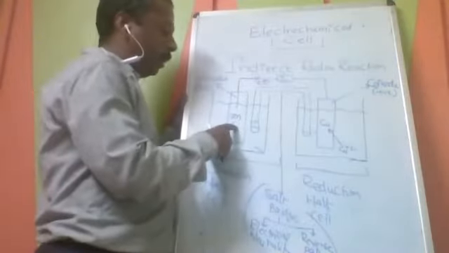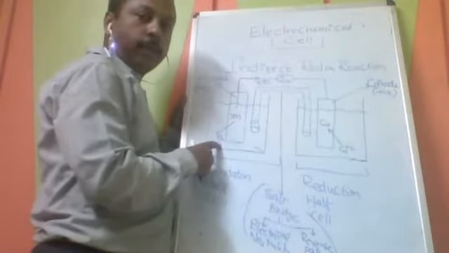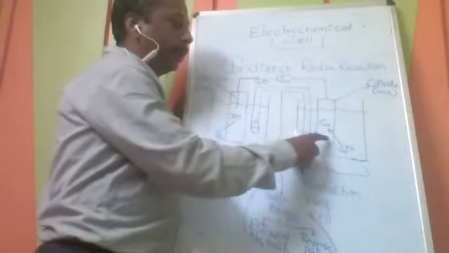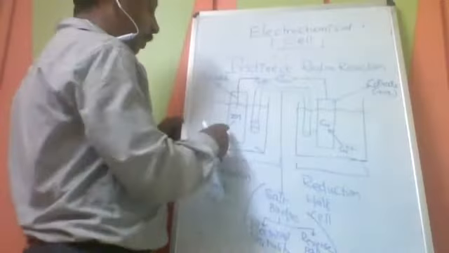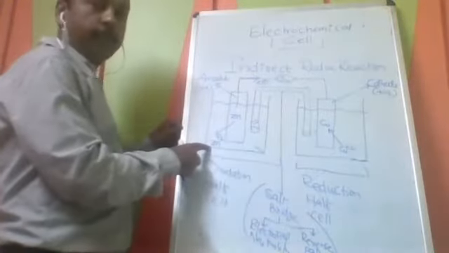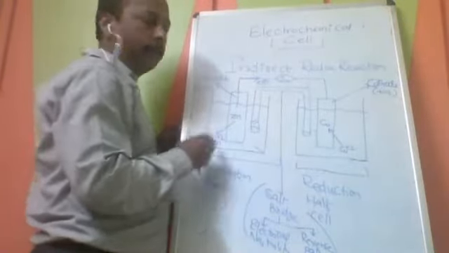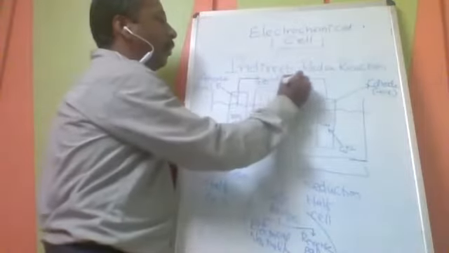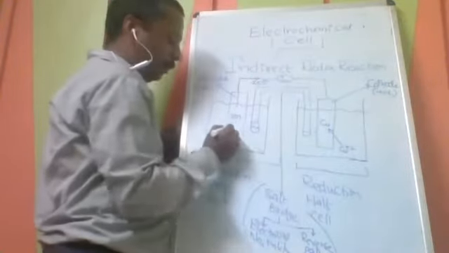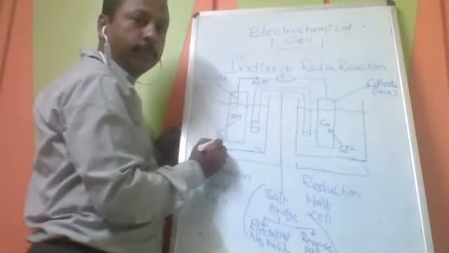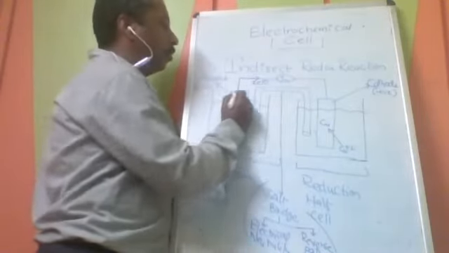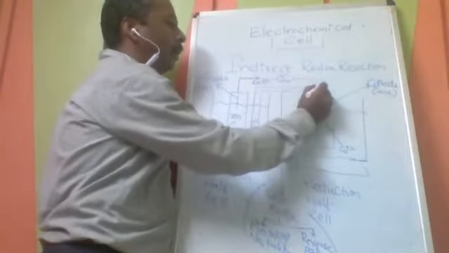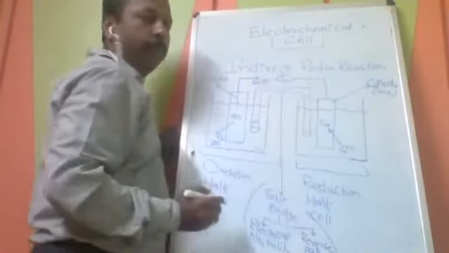Here from electrode to electrolyte and here from electrolyte to electrode. What does it result in? Once zinc converts into Zn2+, electrons will be liberated. When each zinc converts into Zn2+, it will liberate 2 electrons. Those 2 electrons will transfer from here to here and be available here.